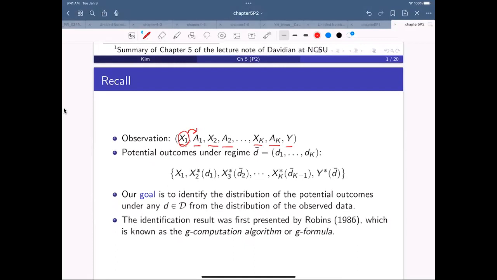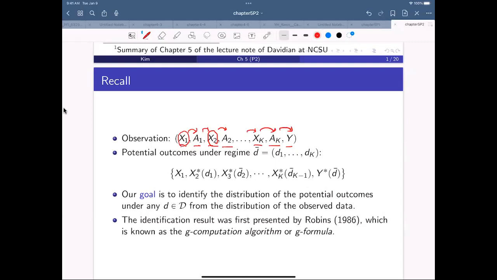I mean, could be, right? And X2 depends on A1. And also, of course, this way. I mean, not really. So basically, we have some kind of a sequential effect.